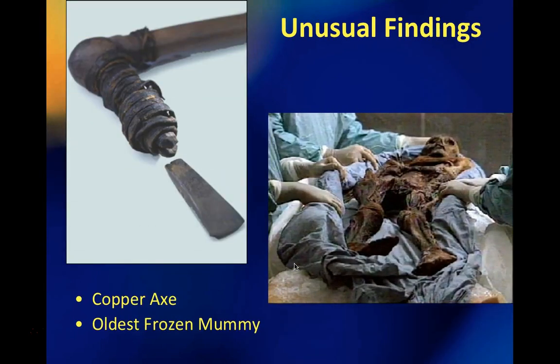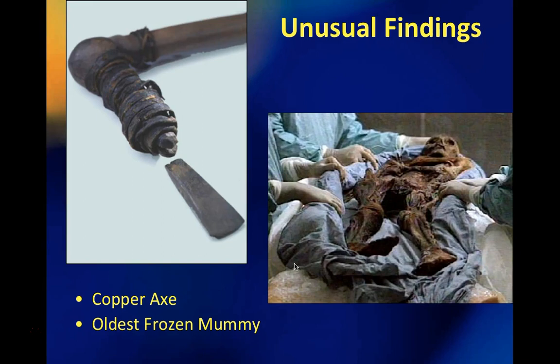Some of the most unusual findings that occurred with this mummified remain included some of his tools. He had a copper axe that still included the wooden handle. Now, most of those copper axes that had been discovered by scientists or archaeologists were simply the copper blade all by itself, because most of the time the wooden handle would disintegrate.